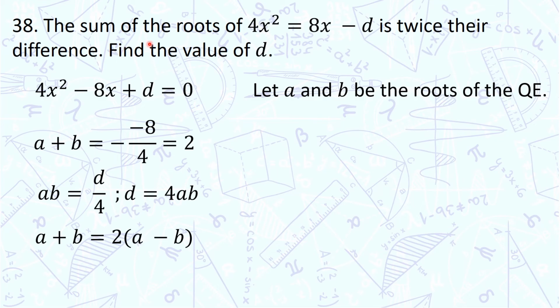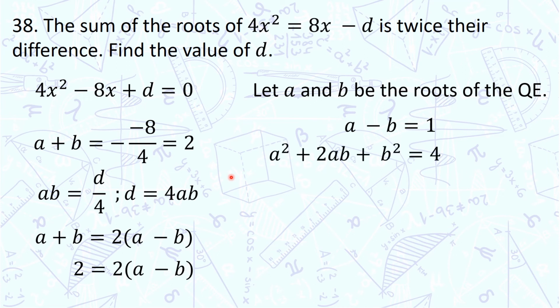In the problem, it says the sum of the roots is twice their difference. So we have a plus b equals 2 times the quantity a minus b. Then we have a plus b is equal to 2. So we have 2 is equal to 2 times the quantity a minus b. And a minus b is equal to 1. If we square a plus b equals 2, we'll have a squared plus 2ab plus b squared equals 4.